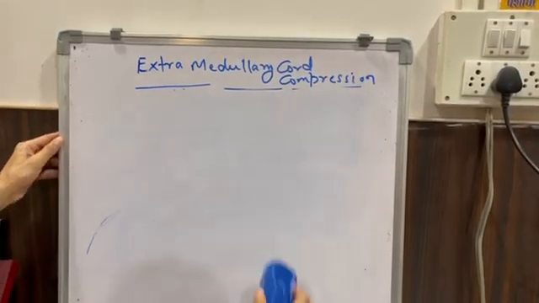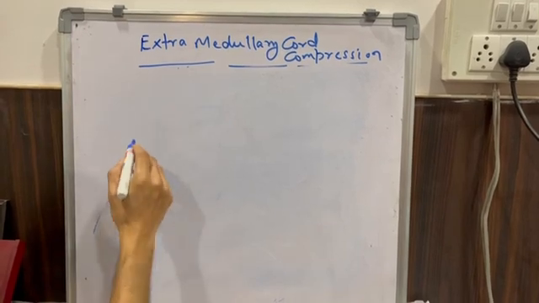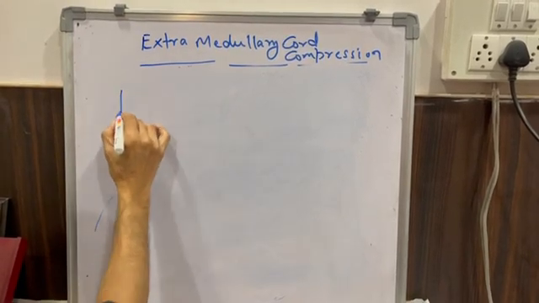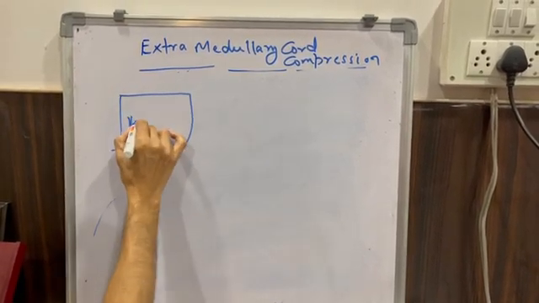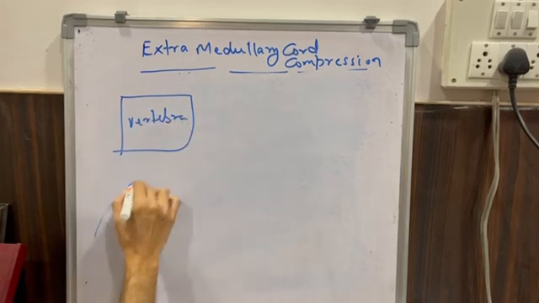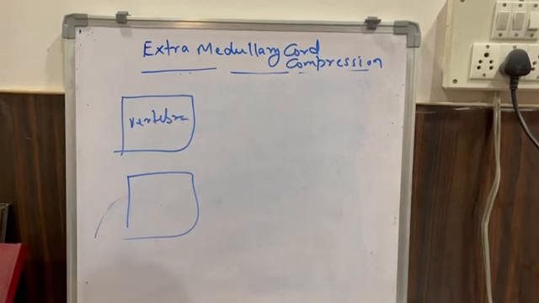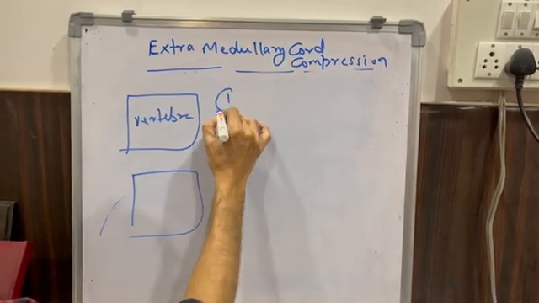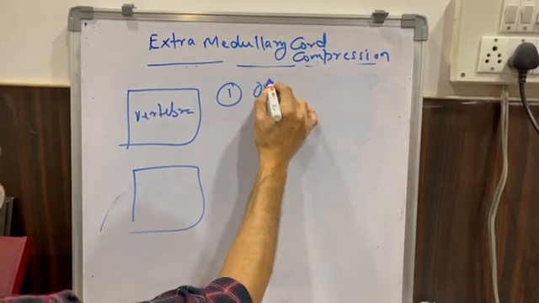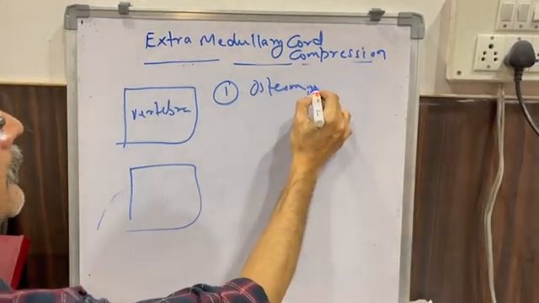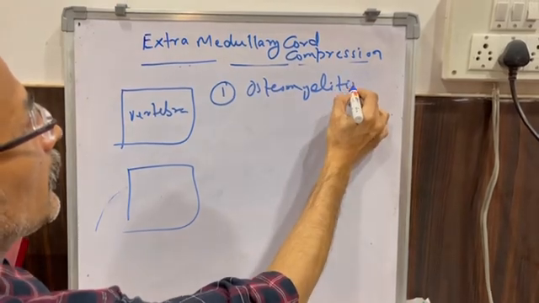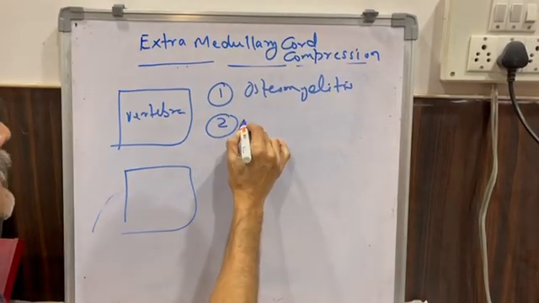So if we go one by one, first we talk of any lesion present in the vertebra. So what are these lesions? Say for example, it can be vertebral osteomyelitis. It can be metastasis.